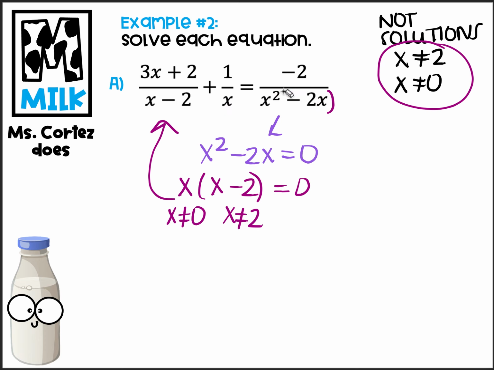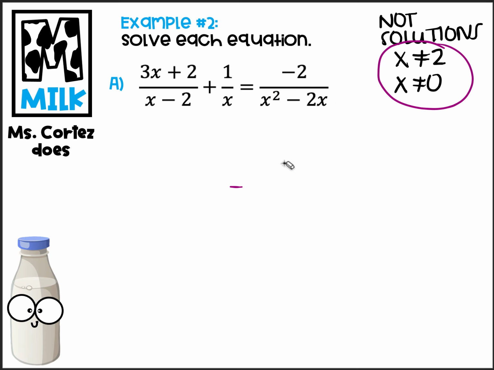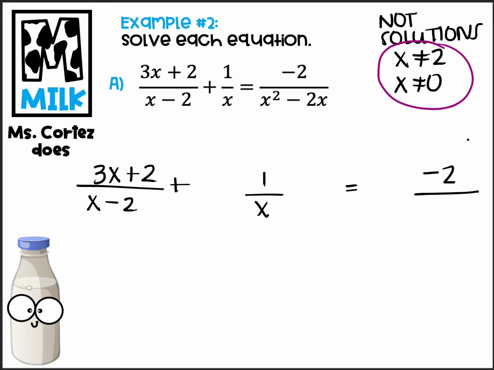And I'll start the 3 steps that we have done in the past. First, multiply by the least common denominator, which is going to be these two denominators multiplied, because they give me this one right here. Let me rewrite the equation again, leaving some space for the least common denominator.